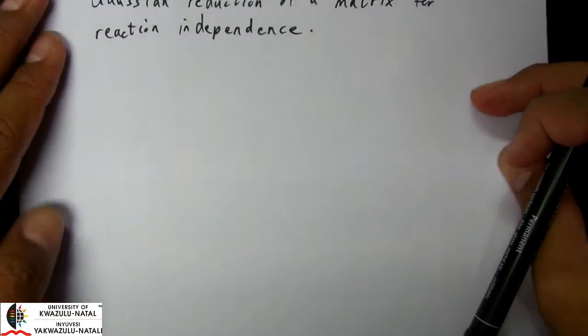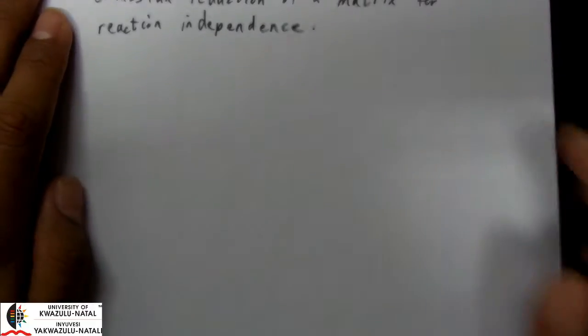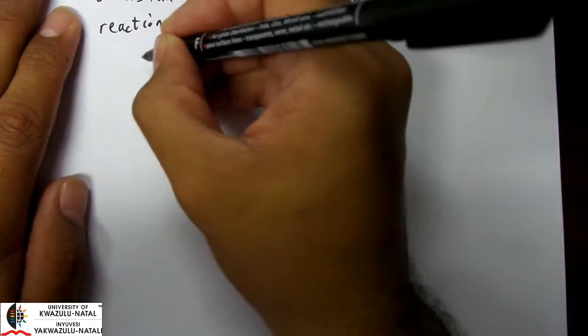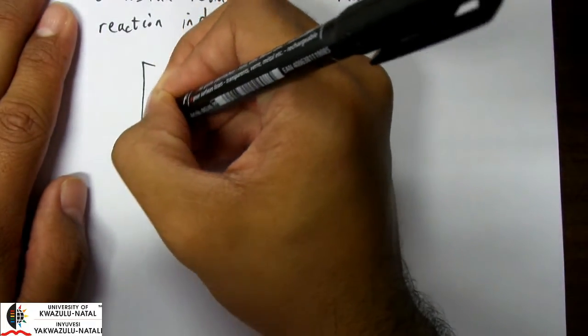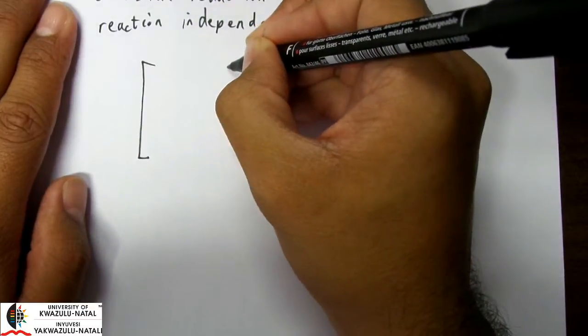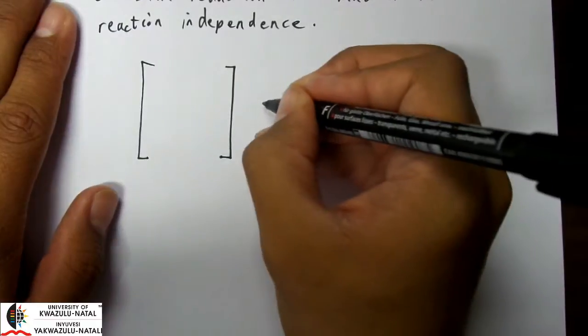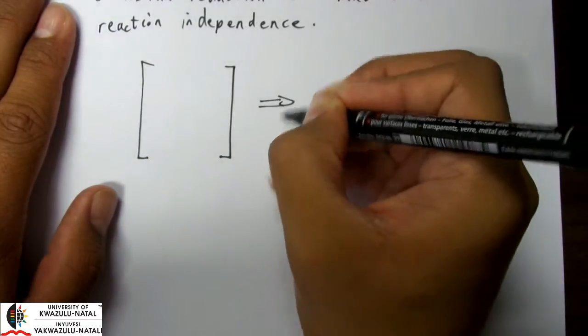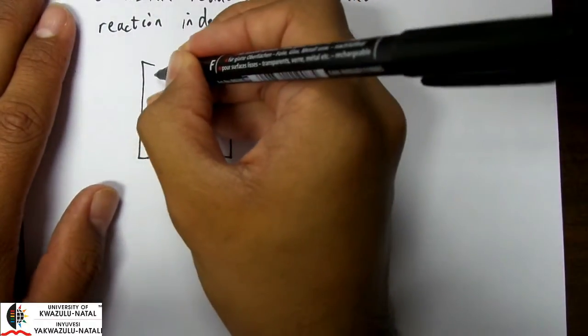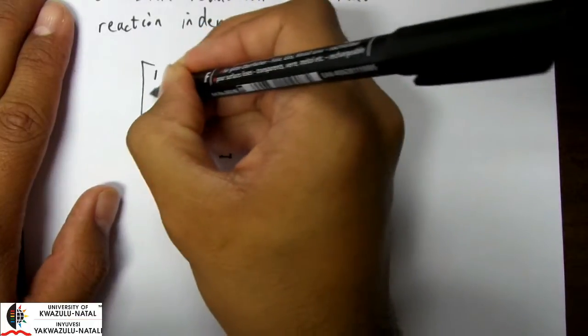So I'm just going to talk arbitrarily for now. If you recall, we typically have a large matrix, and that matrix could have all kinds of numbers.